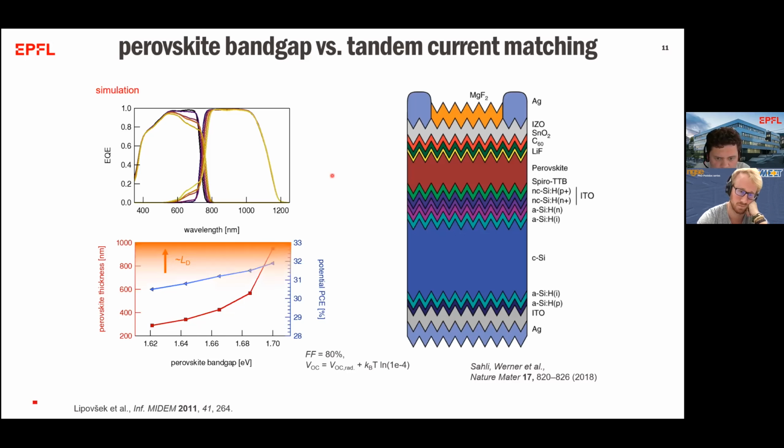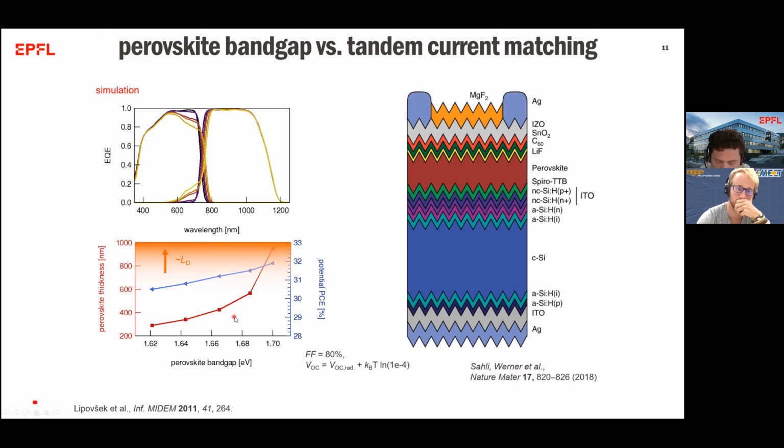And what is maybe important to note here is, okay, at a given thickness of, let's say, a micron or so, you may run into collection issues because that's the typical diffusion length of carriers in lead halide perovskites.